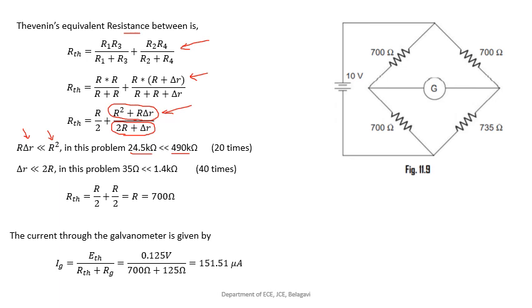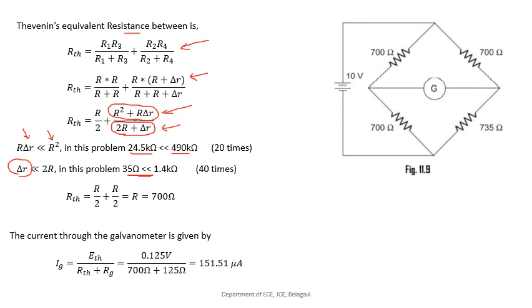Same way, in the denominator, delta R is much smaller than 2R, or 35 is much smaller than 1.4 k. So we are going to ignore the R into delta R and delta R terms.